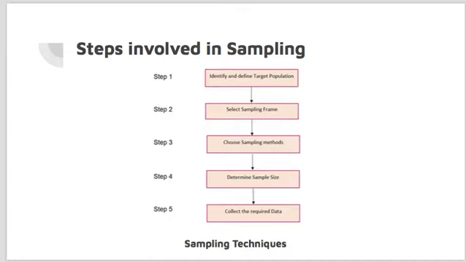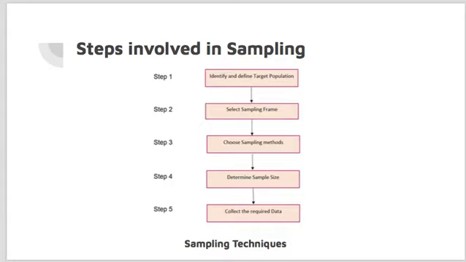So if you take election polling, and the target population as people above 18, then the sampling frame would be the people whose names appear on the voter list of a constituency. That is the sampling frame.